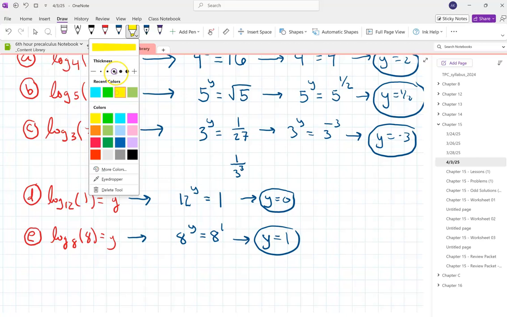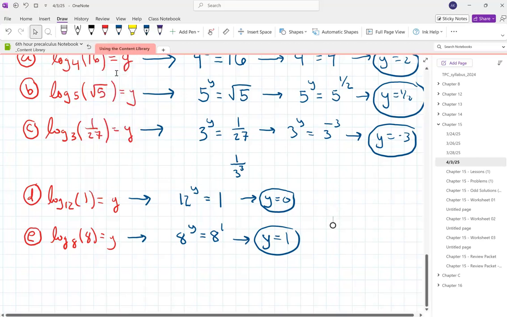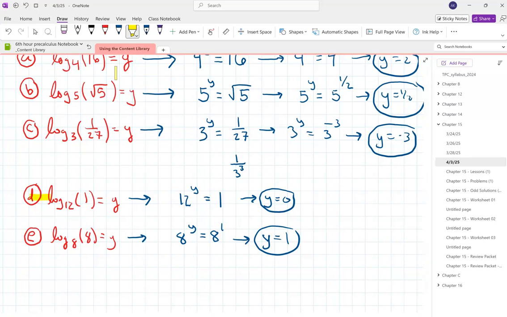So if I look at these problems, there are some observations I can start to make, right? If I look at problem D, any log of 1 should be 0, right? Because it doesn't matter what the number is as long as it's not 0, which it can't be because the base of the logarithm has to be greater than 0 and not equal to 1.